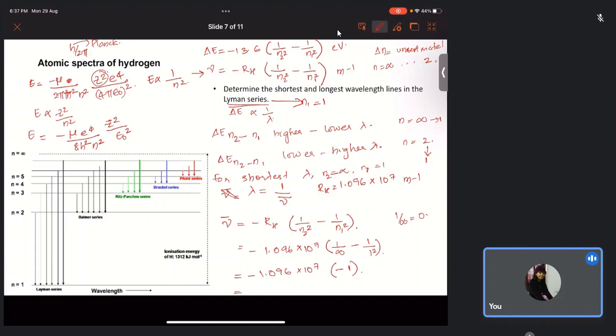So the wave number is going to be 1.096 into 10 to the power 7 meter inverse.